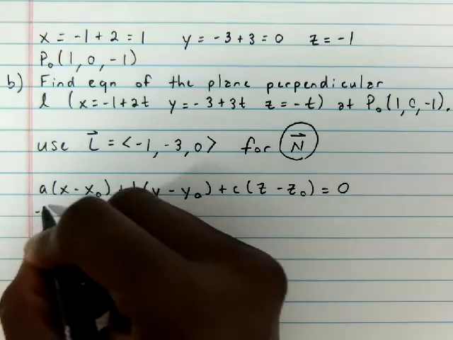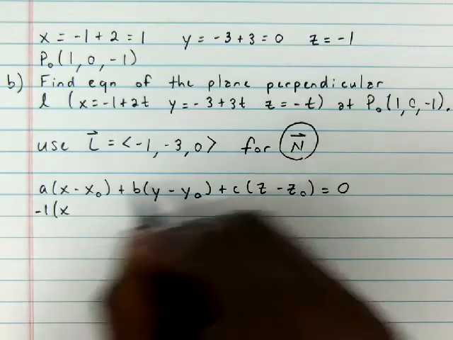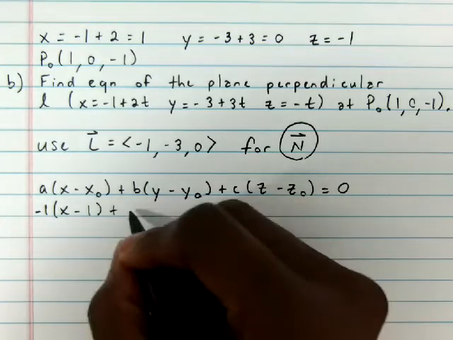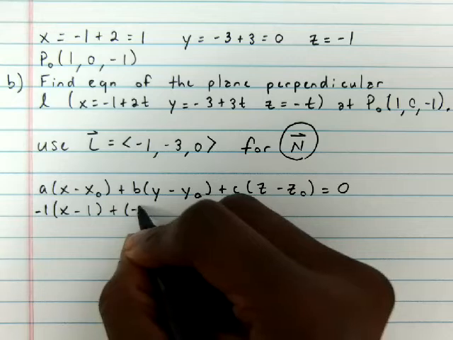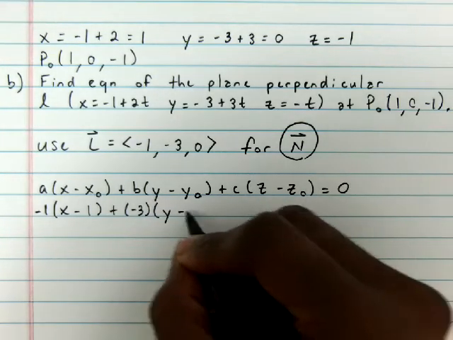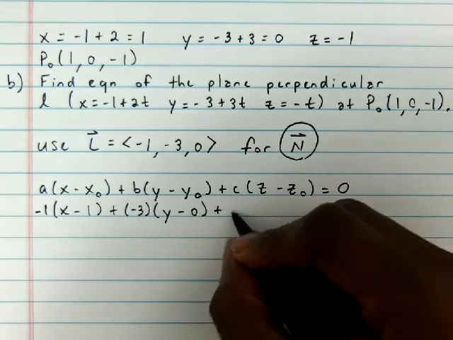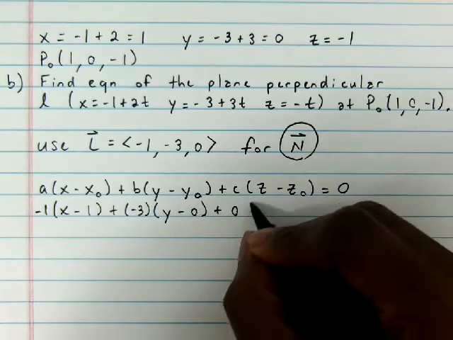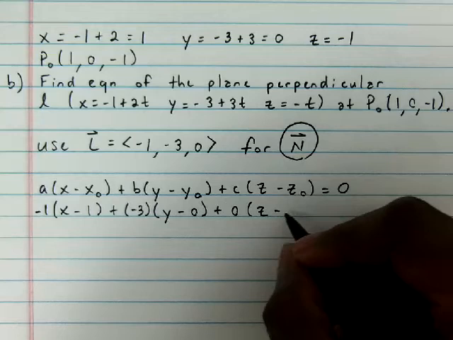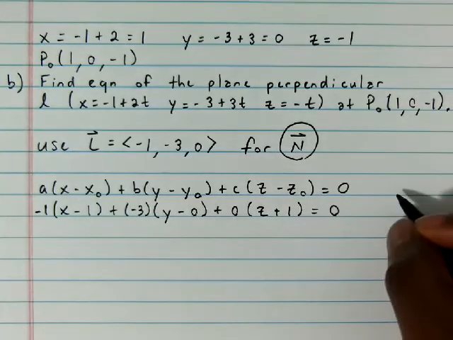So we have -1 times x minus our x naught, which is 1, plus our b, which is -3, times y minus our y naught, which is 0, and then plus our c, which is just 0. So then we have 0. This part I don't need to write, but I have it now. So z minus our z naught, which is -1, equals 0.